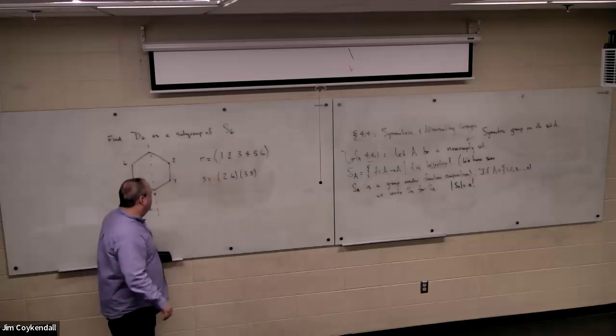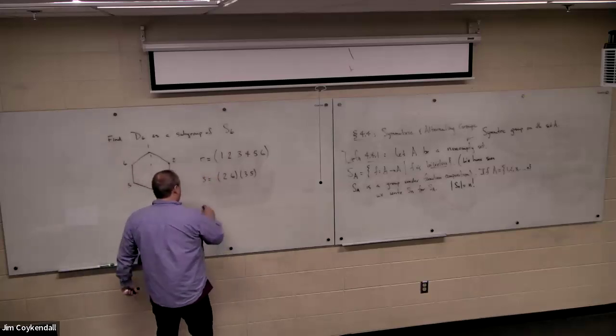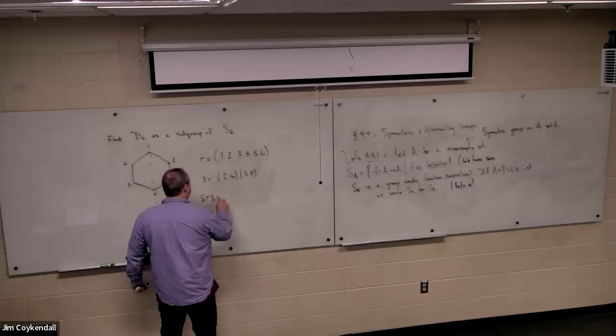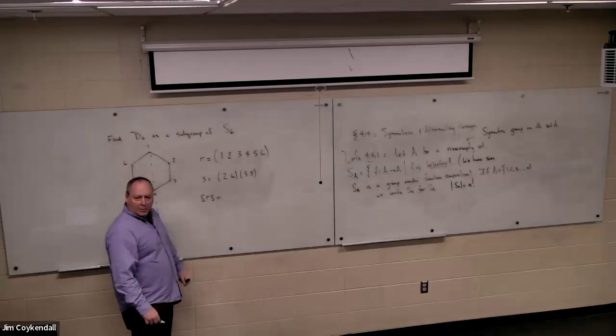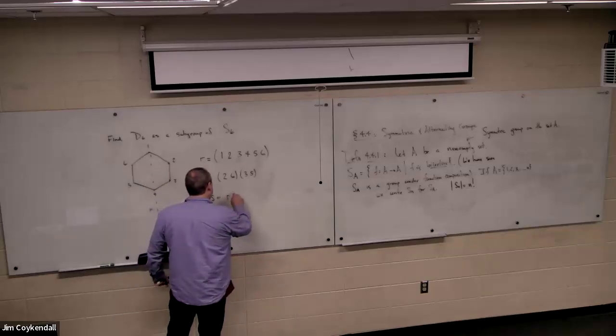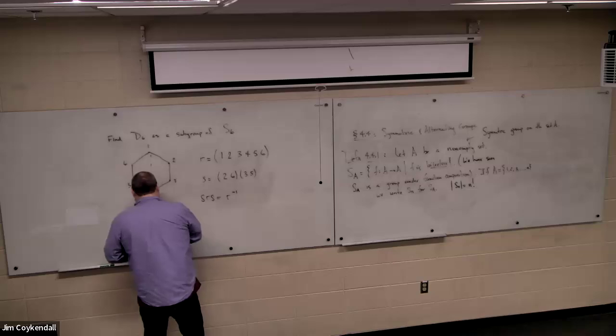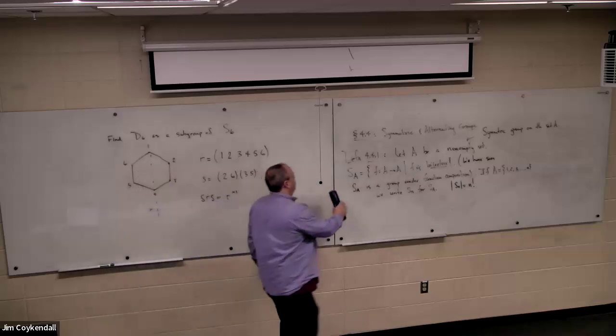But what do you expect this to be? What happened in the dihedral group? When you flip, rotate and flip, remember what happens? Yeah, it goes backwards, right? It's the same thing as doing this. And you can see that in action here.